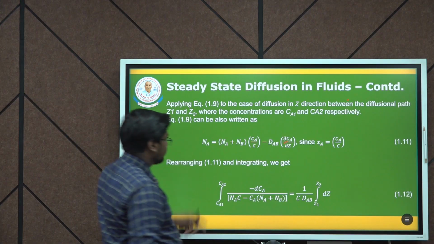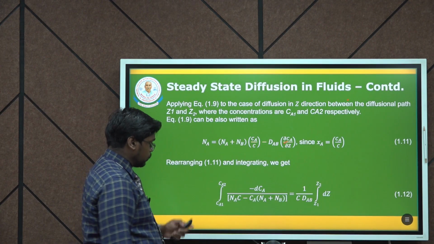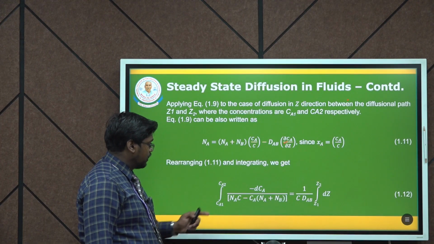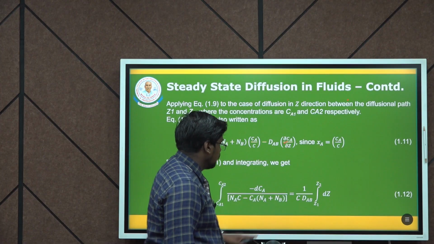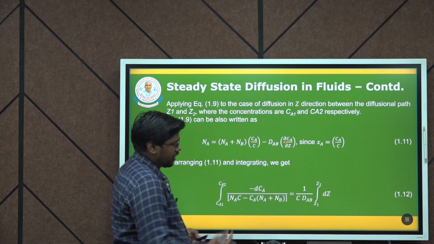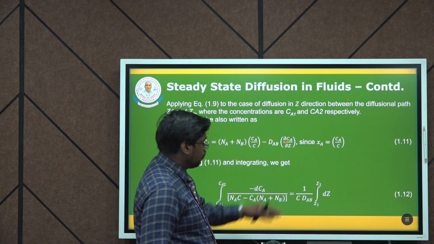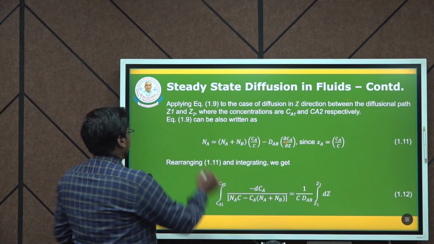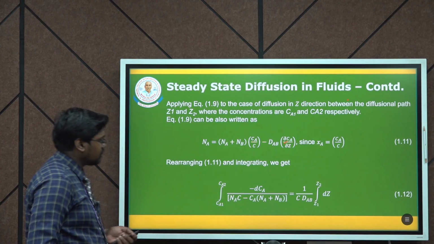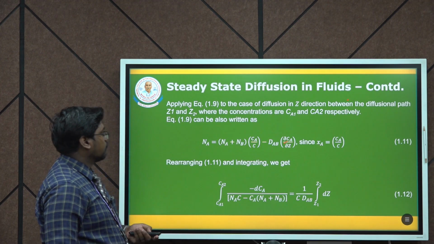By rearranging and integrating this, we will get equation 1.12: integral from Ca1 to Ca2 of minus dCa divided by Na into C minus Ca into Na plus Nb is equal to 1 divided by C into DAB integral from Z1 to Z2 of dz. The molecule is moved from Z1 to Z2, so that is what is given as the limits of the integral.